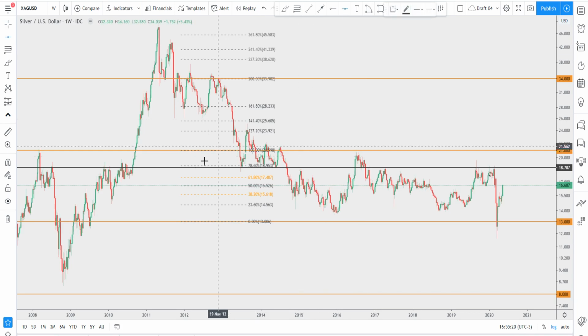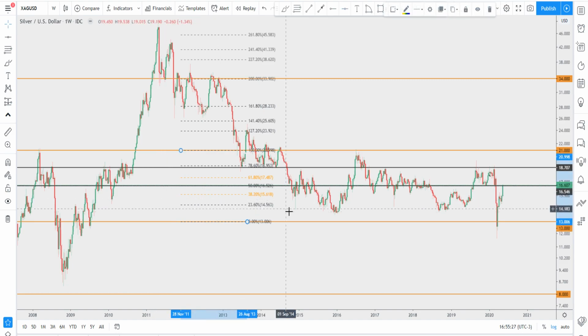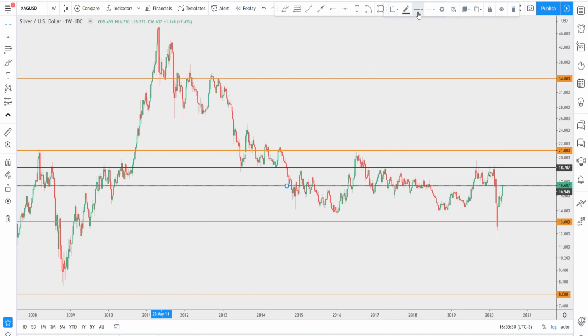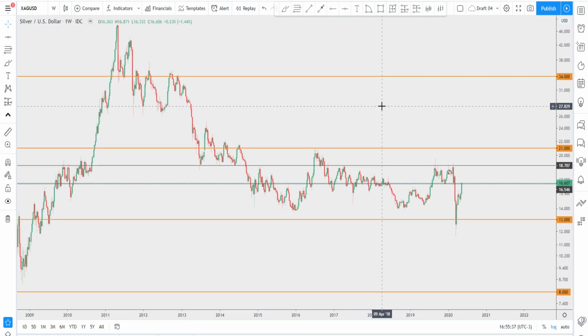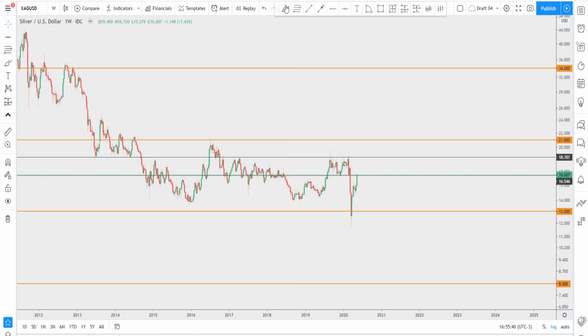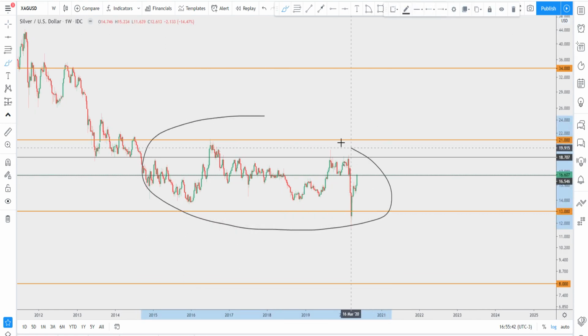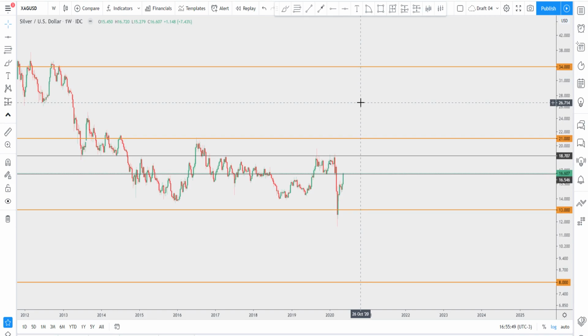Okay, let me tag here. Just a second. Okay, so for this range here between 21 and 13, we had these two important levels that are 18 and 1654.